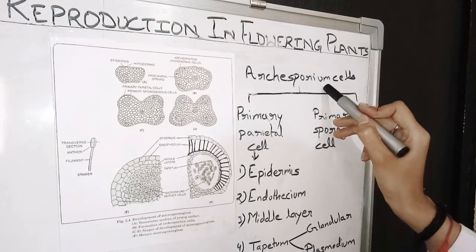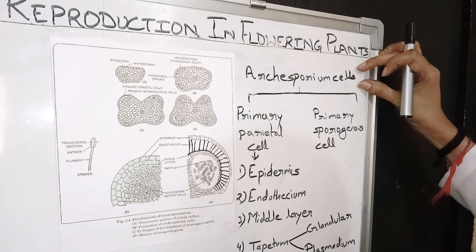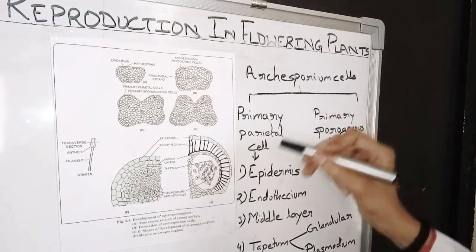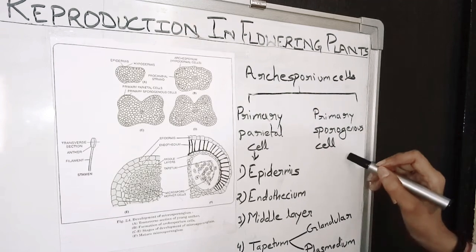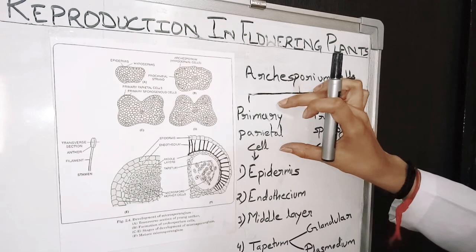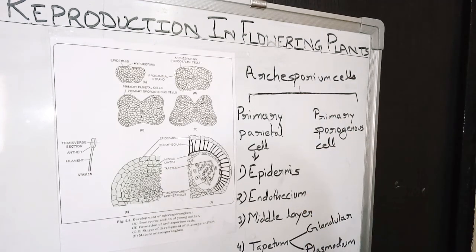Archisporium cells are specialized hypodermal cells which give rise to two types of cells called primary parietal cells and primary sporogenous cells. Primary parietal cells form the layers of the microsporangium.